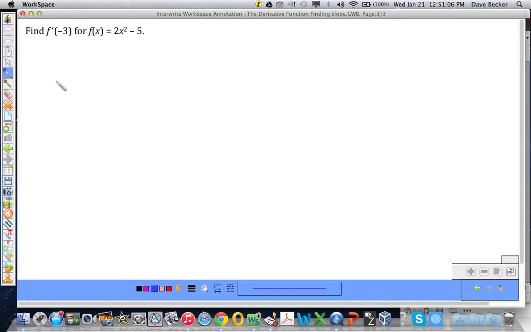We're going to find the derivative of f of x when x is equal to negative 3. And again, the derivative gives us the slope of the tangent line to the curve.